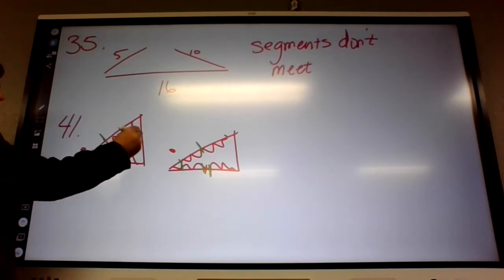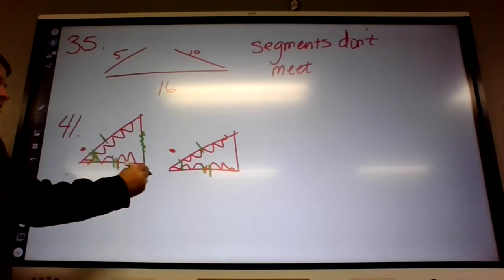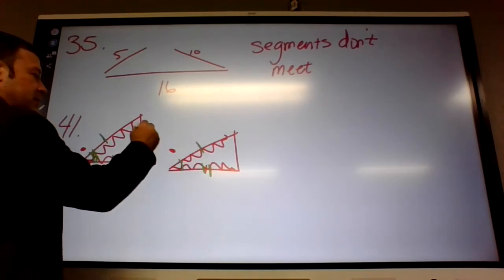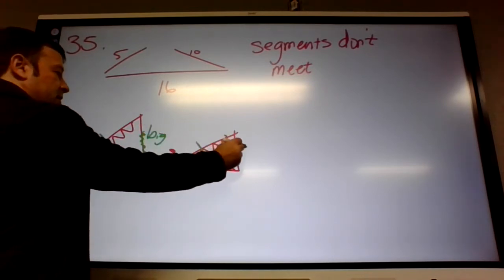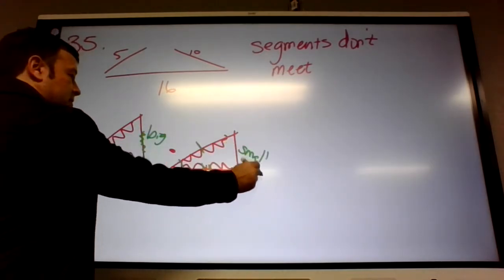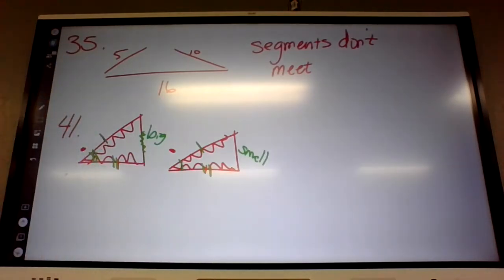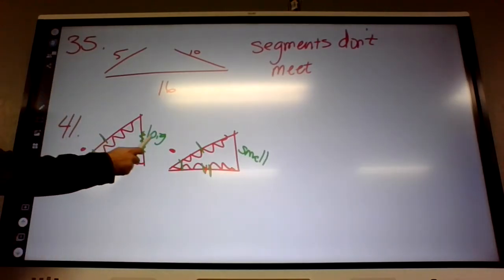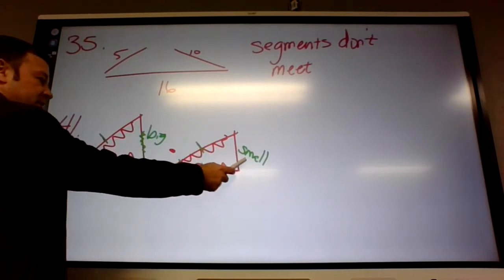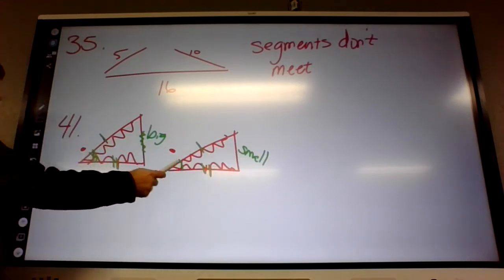The gap between the jaws will be bigger here than it is here. Or you could say it backwards: if I know this gap is bigger than this gap, then I know this angle is bigger than this angle.